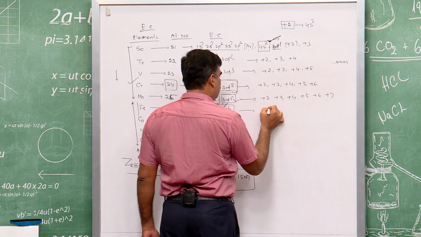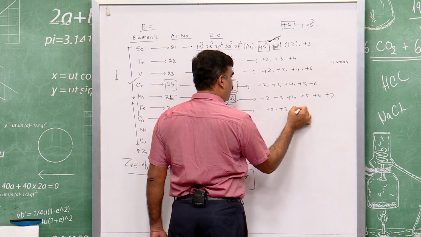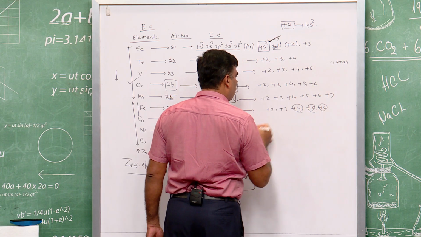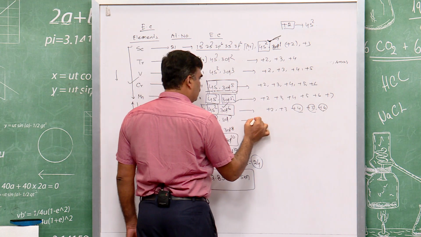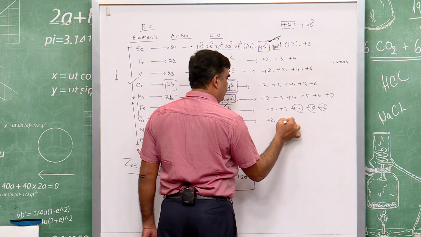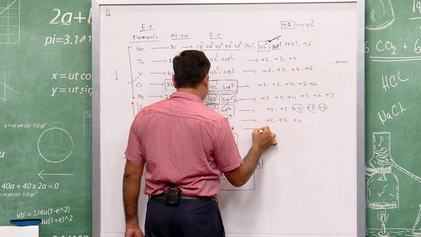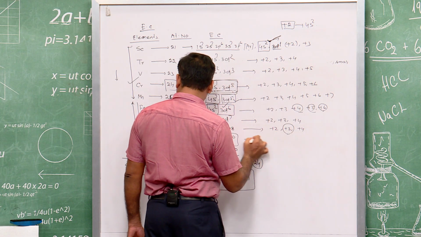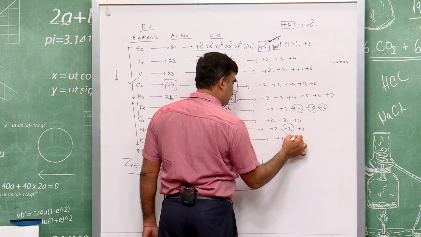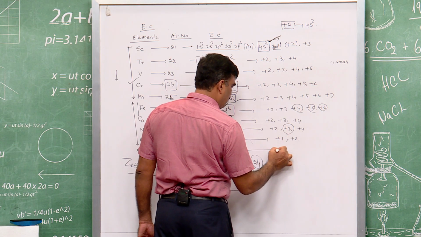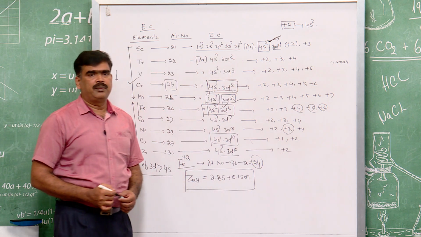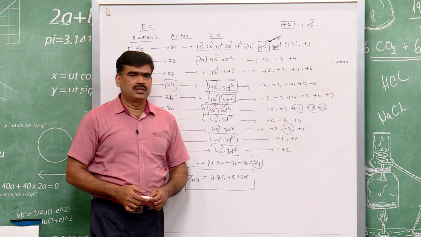Iron +2, +3, +4, +5, +6 highest, but these are unstable. Cobalt +2, +3, +4, nickel +2, +3, +4, +3 is unstable, copper is +1 and maximum is +2, and zinc has only +2. So you see what happens here in the oxidation states.